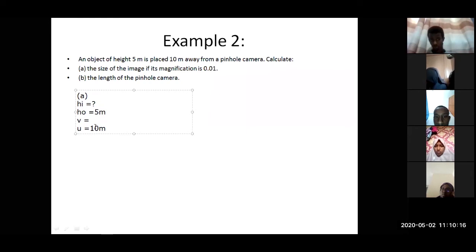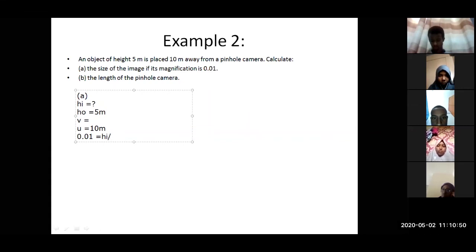So when you are doing part A, magnification is given by hi/ho or v/u. But because they're asking for the size of the image, which is the height, in this case our magnification, which is 0.01, will be equal to hi divided by ho.